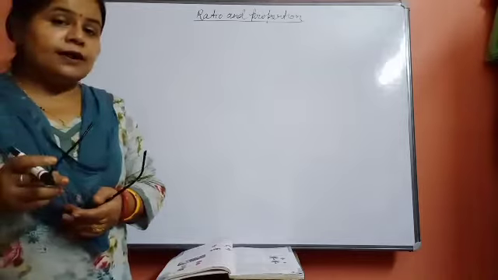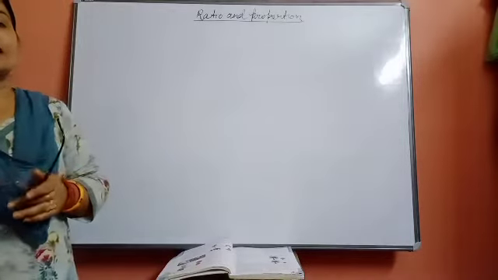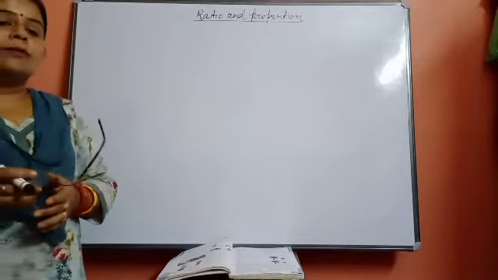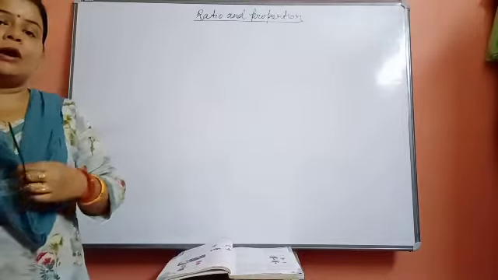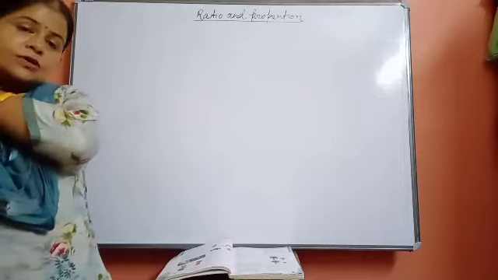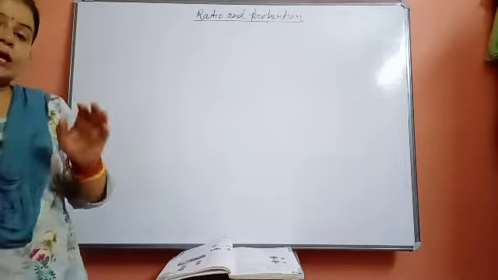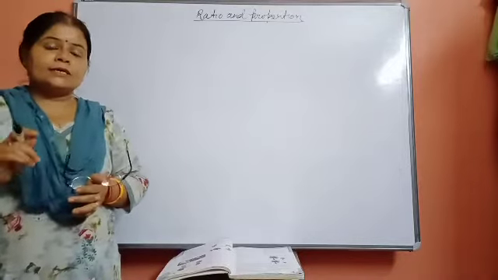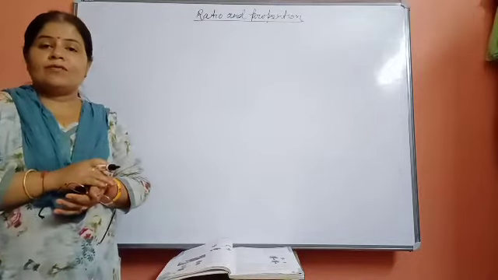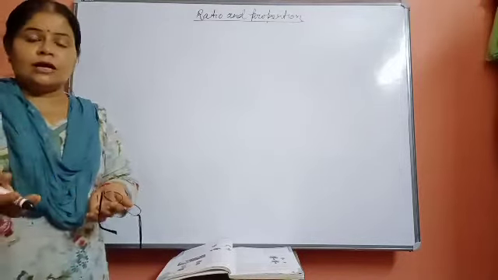And what is inverse variation? Suppose 20 people are doing a work in 5 days. If we would like to complete the task in 3 days, then what can we do?